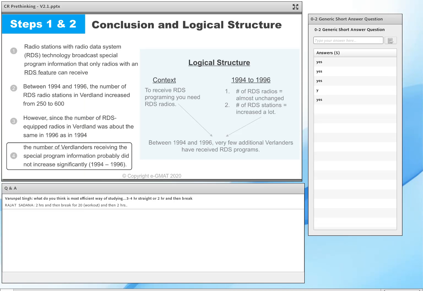Yes, right? So if the logical structure is clear, the context says that to receive RDS programming, you need a mated pair. The number of RDS radios remains unchanged. The number of transmitting stations increased a lot. Based on this, we are saying the number of people receiving the special program information more or less remains the same.